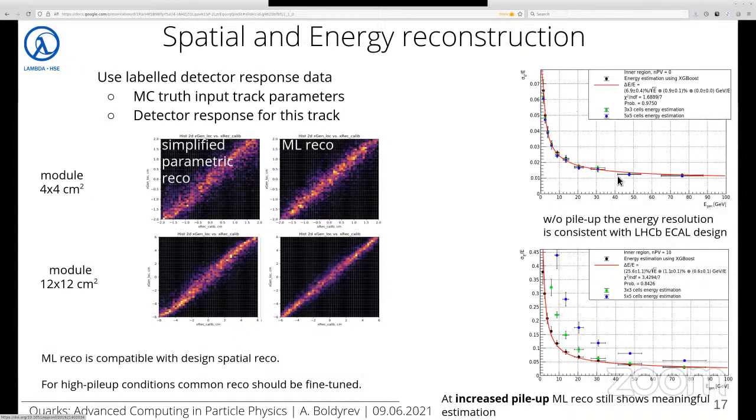On the top, without pile-up, but at increased pile-up, machine learning reconstruction still shows a meaningful estimation, while the parametric reconstruction does not. And for the high pile-up conditions, the parametric reconstruction should be fine-tuned in that sense.